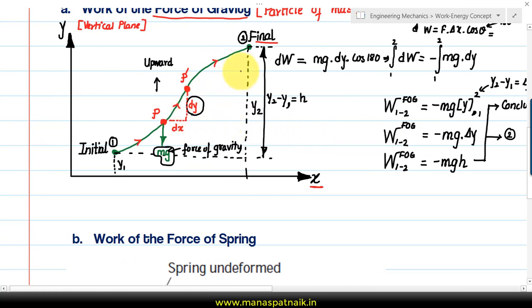If you watch carefully, had the particle started with this point, let's say this was the initial position and this had been the final position, that means from top to bottom, in that case this force of gravity and displacement, both of them would have been in the same direction. So in the same direction the work done is always positive.